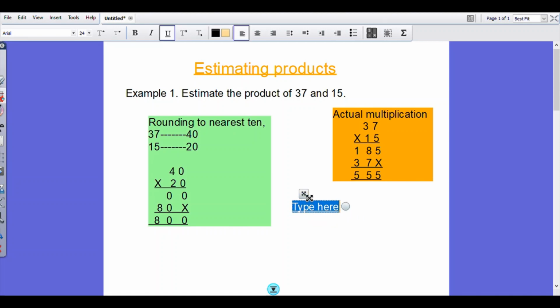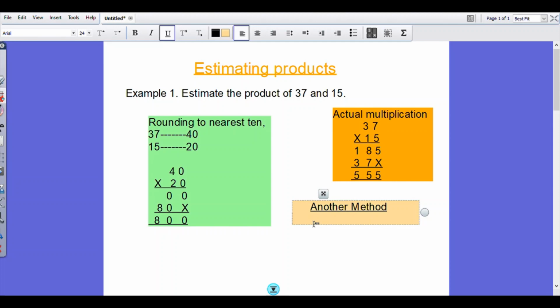Now, another method. In this method, we round one number up and the other number down.